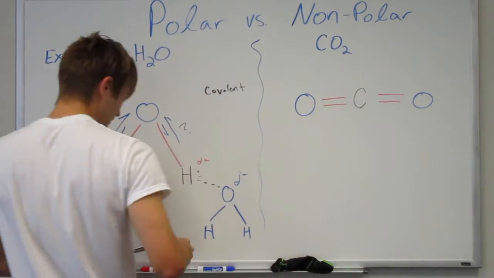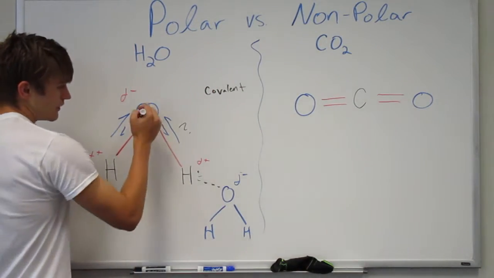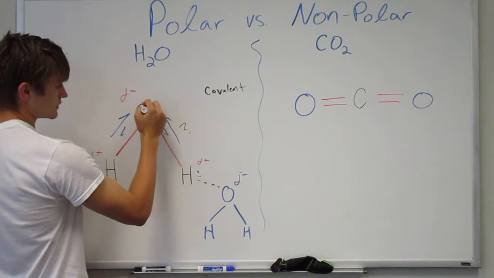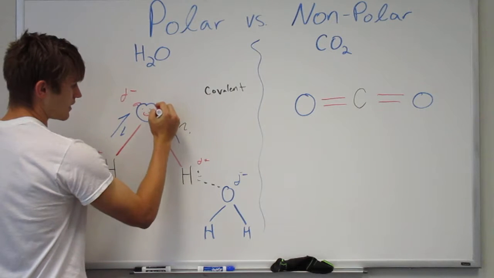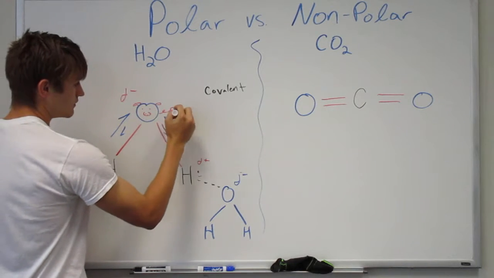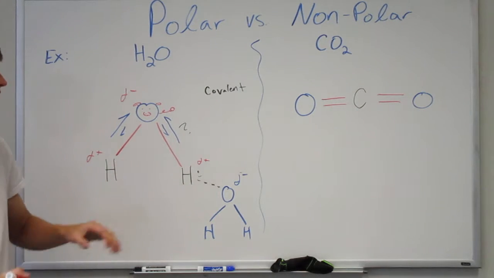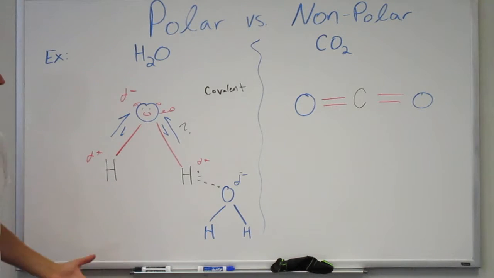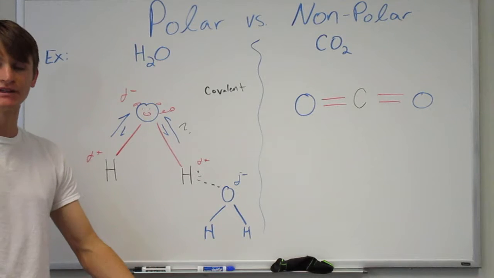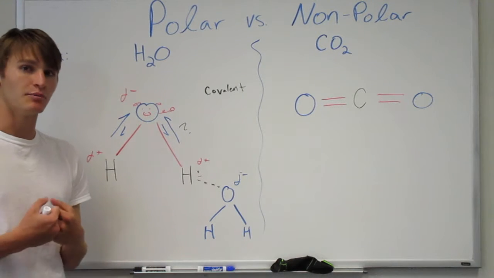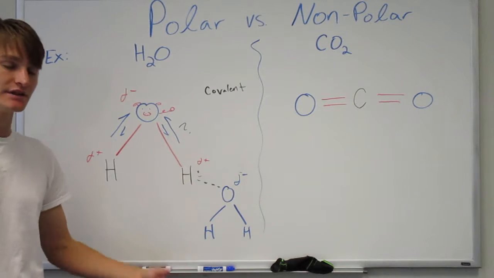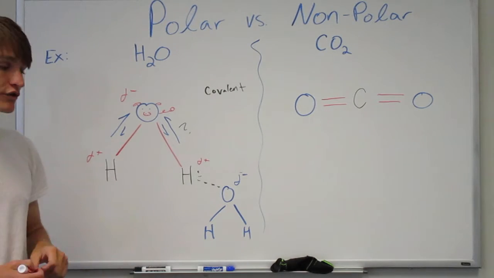You could think of the oxygen as a hog, because it's hogging the electrons, pulling them towards it. So any molecule where there's an uneven distribution of the pull, where one atom has greater electronegativity than the others, is going to be a polar molecule.